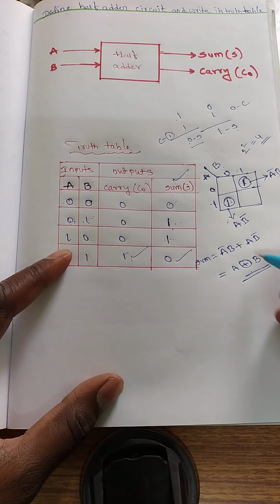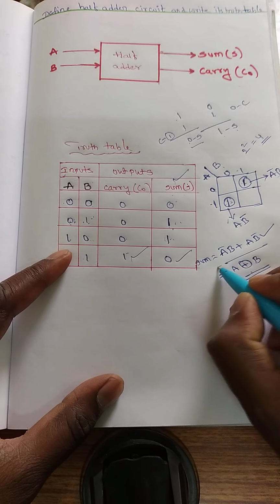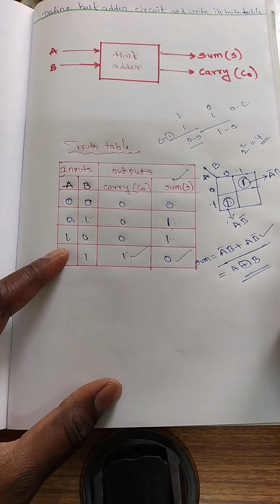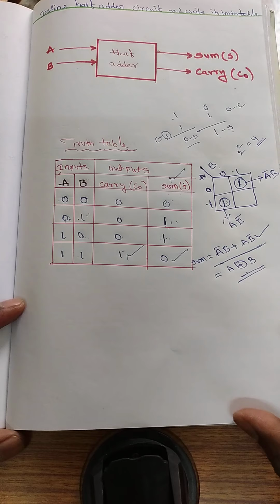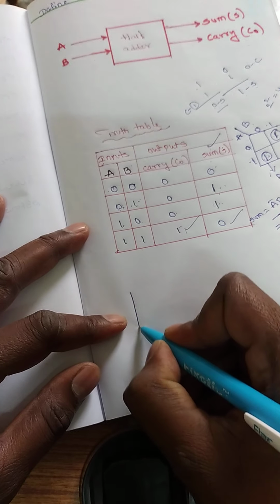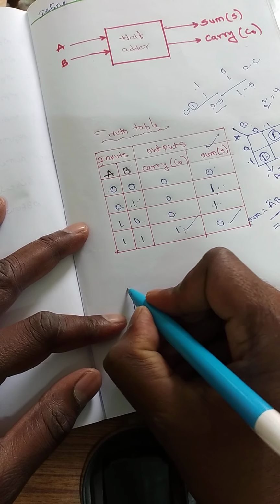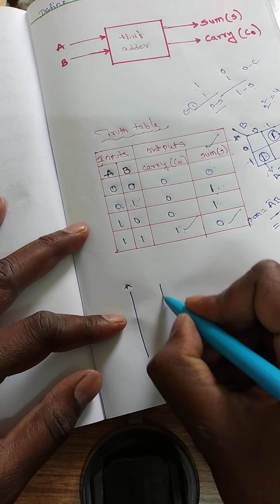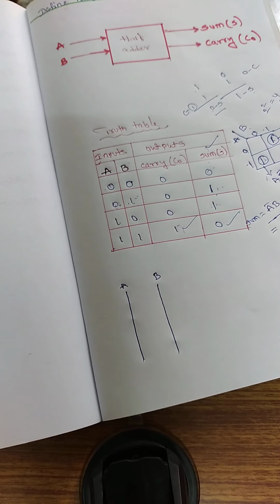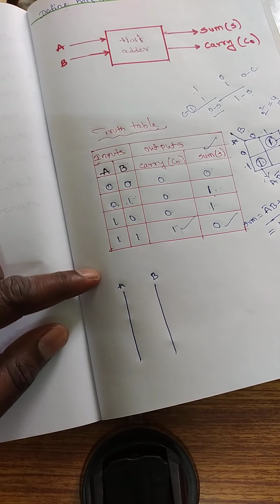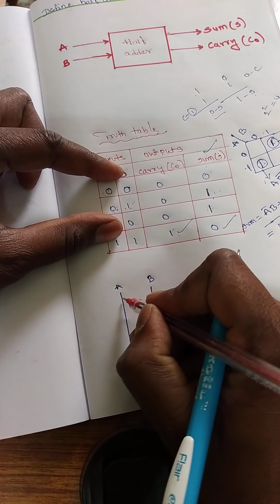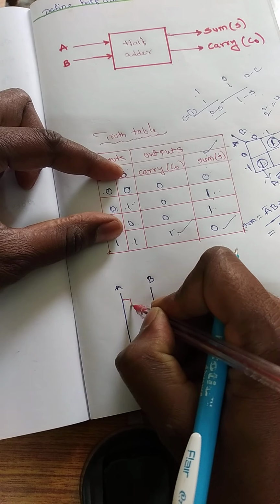So by using this expression, you will draw one circuit. A XOR B is nothing but XOR gate. So we have to draw an XOR gate here. For that, we will see, this is one line, this is A, next B. We will take negation here only.